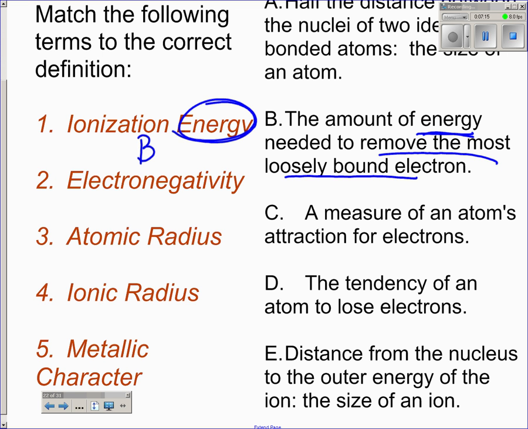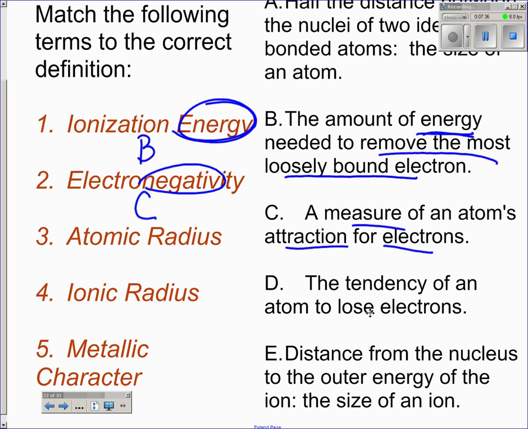Electronegativity is the one that everybody gets confused with ionization energy. Electronegativity is about attraction. It's how much one element attracts another's negative particles or electrons. It's a measure of attraction for electrons.